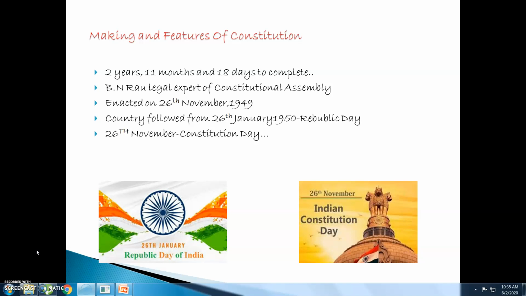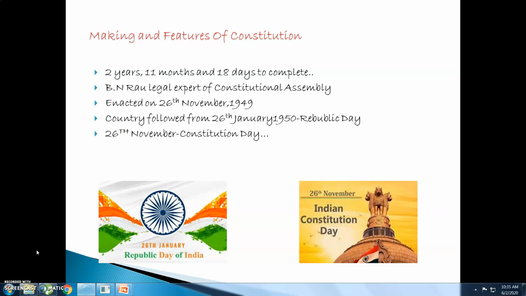Yet, India got independence in the year 1947. So from 1947 to 1949, for these 2 remaining years, India still followed the rules and laws which were made by the Britishers. The work of the Constitution was completed on 26th of November 1949, and this day was termed as Constitutional Day.